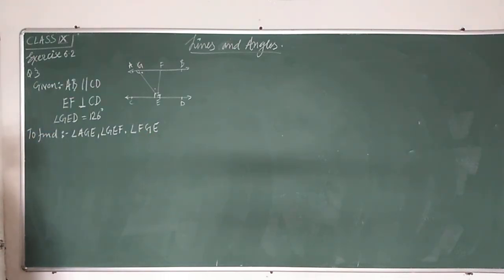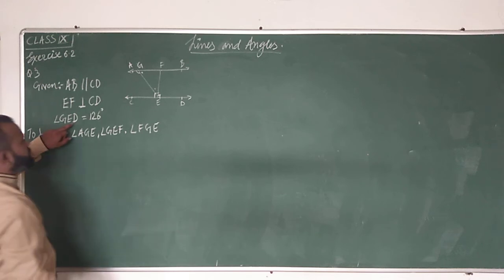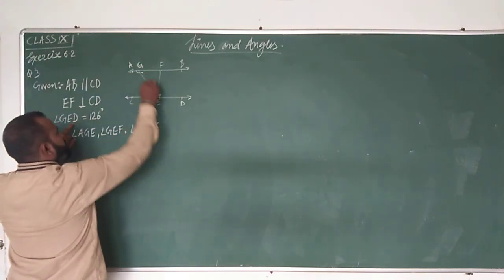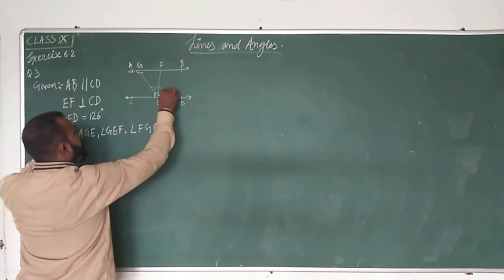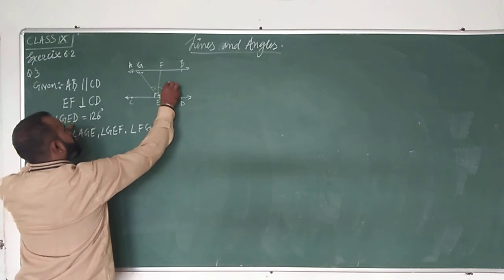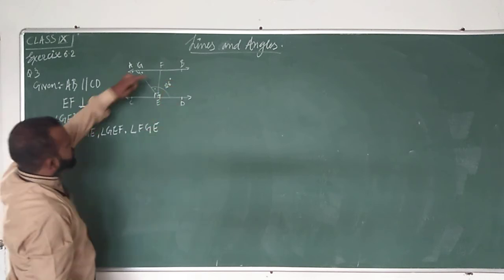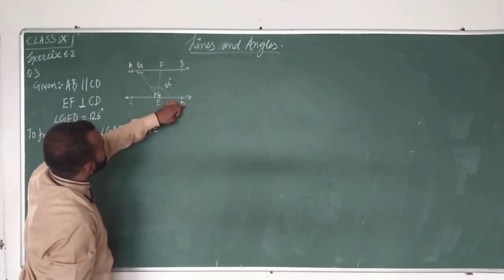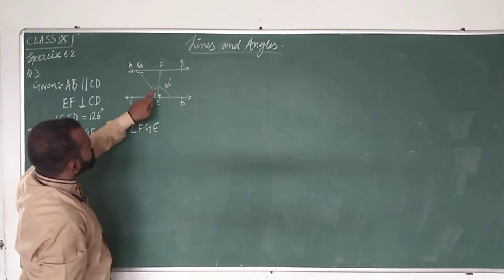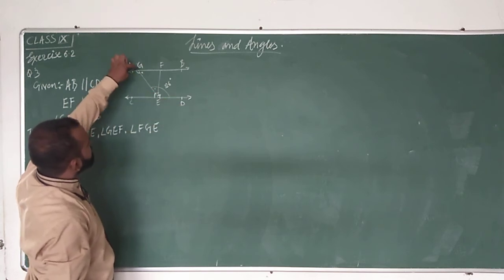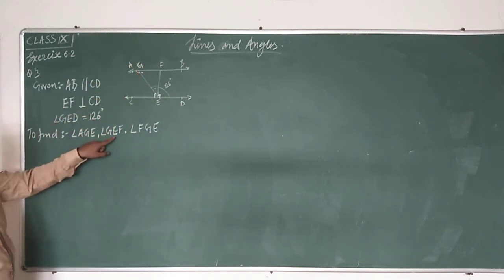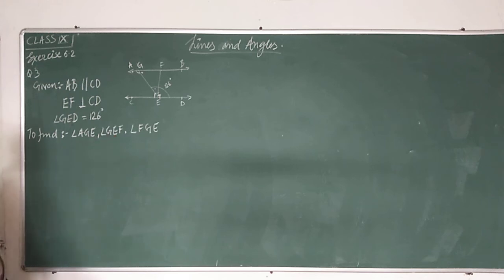So let's see what we have, and then we will find GED is 126. Where is GED? GED, this whole is 126 degrees. In that you know FED is 90, so if you subtract 90, you will get GEF, and you have been asked to find GEF.